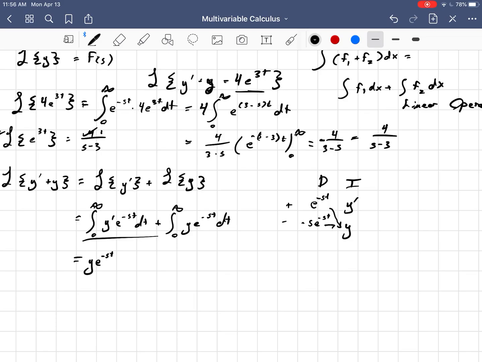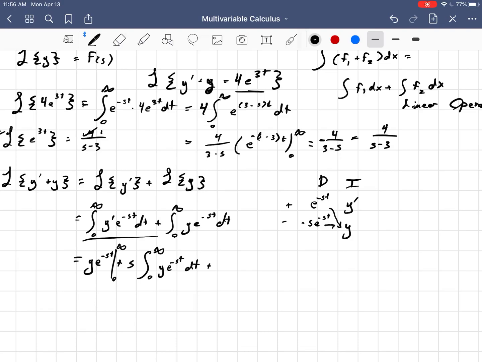And so that first integral becomes y e to the negative st. And then we have minus and minus, so that's plus. I can pull the s out front. That's s times the integral from 0 to infinity of... oh, and by the way, this is evaluated at 0 to infinity.